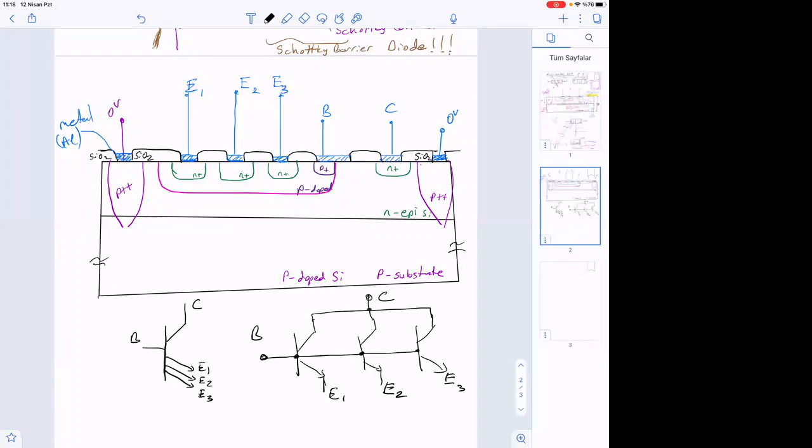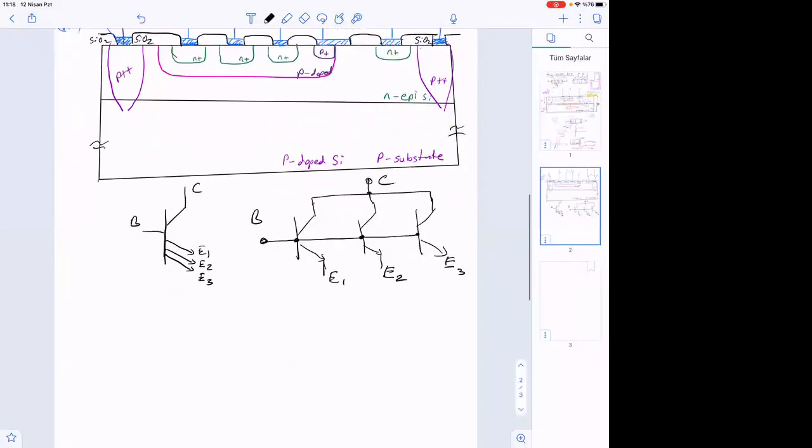Okay. So this type of transistor will be useful for us to make maybe NAND gates. Okay, NAND gate inputs. We obtain NOR gates, but this will be useful for NAND gates. So I don't know if you remember DTL.